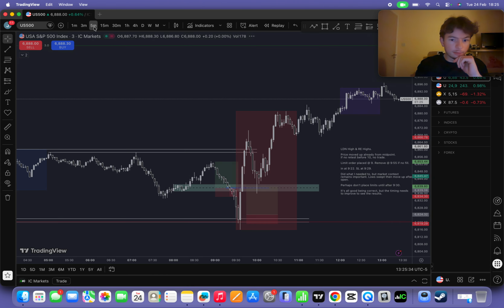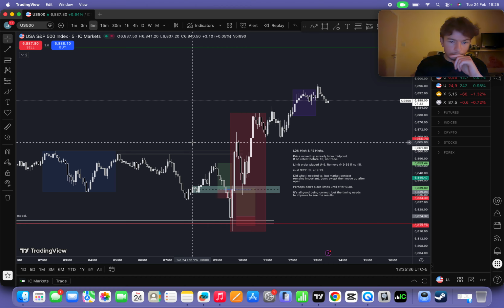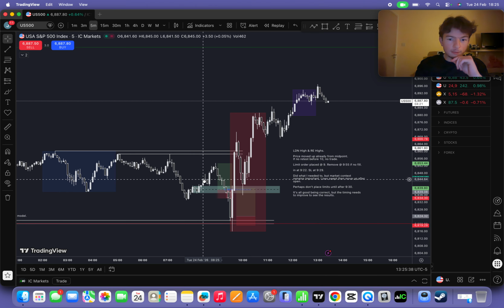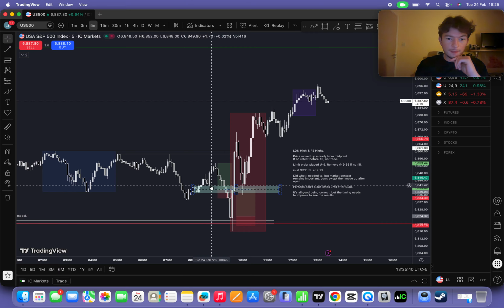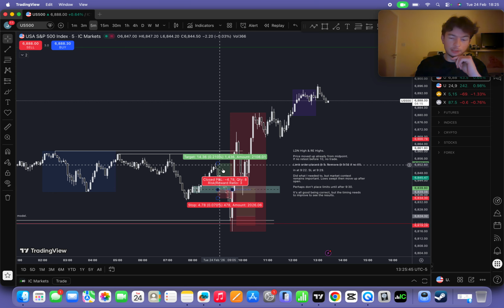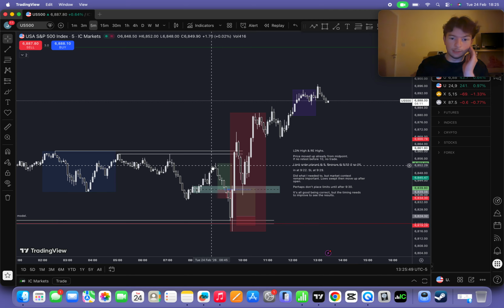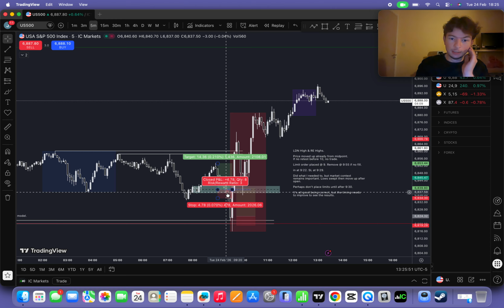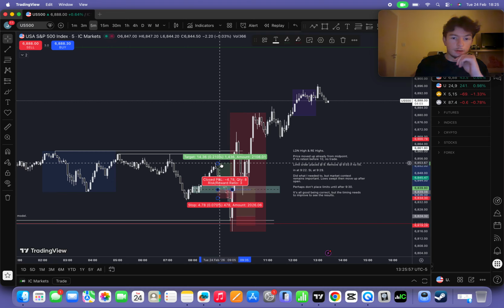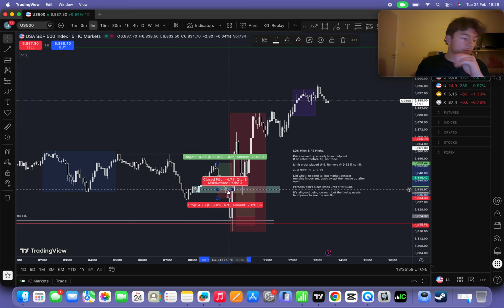I think it was on the 5 minute. It was this initial break, and then price respected the top of the zone and then went straight to TP. I was a bit conscious of this, but we saw a nice gradual sell-off to the midpoint, and I was targeting 3 to 1, and just got a bit unfortunate.